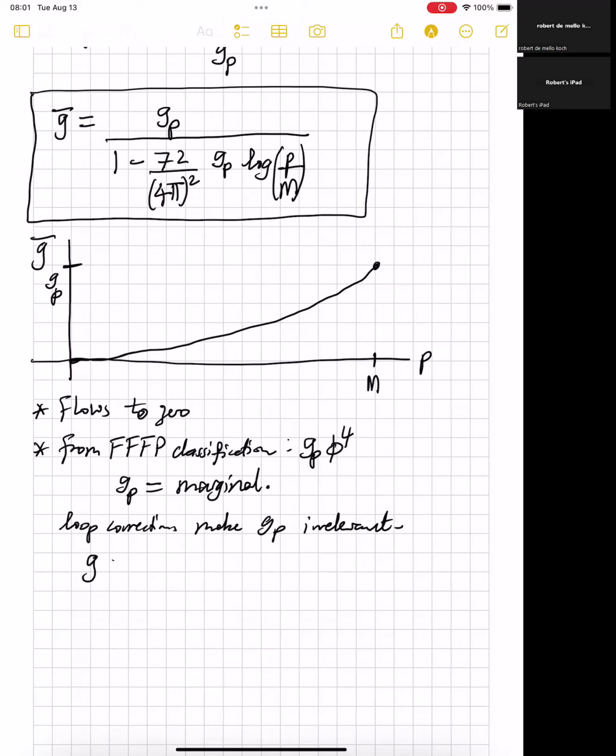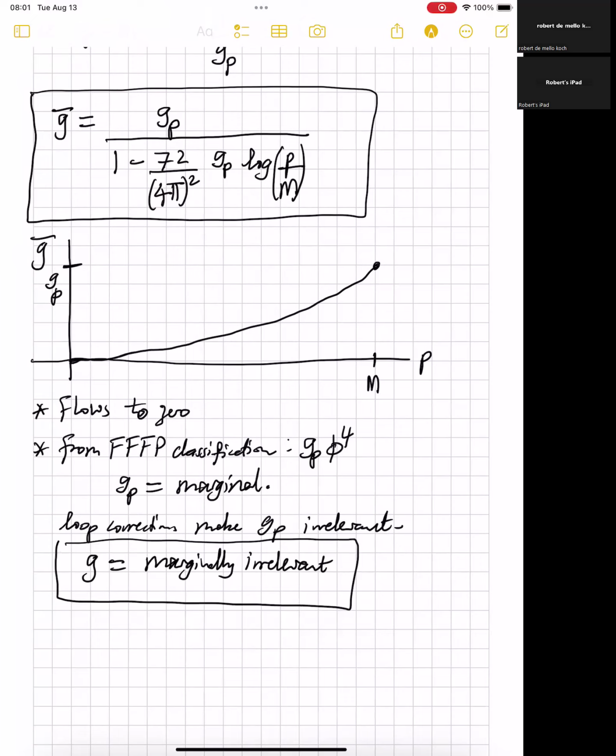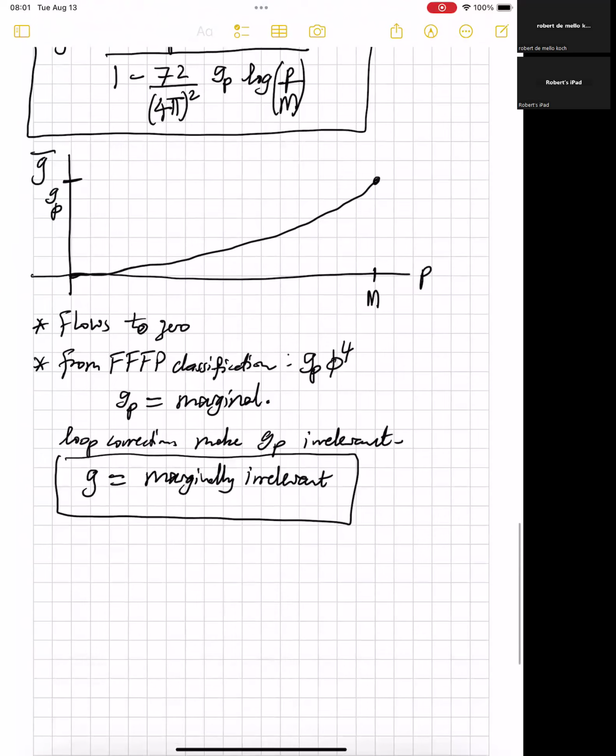We say that G is marginally irrelevant. So when you see people talking about a coupling that is marginally irrelevant, they mean that in the free field fixed point classification, the operator would have been marginal, but when you add quantum corrections, it becomes irrelevant.